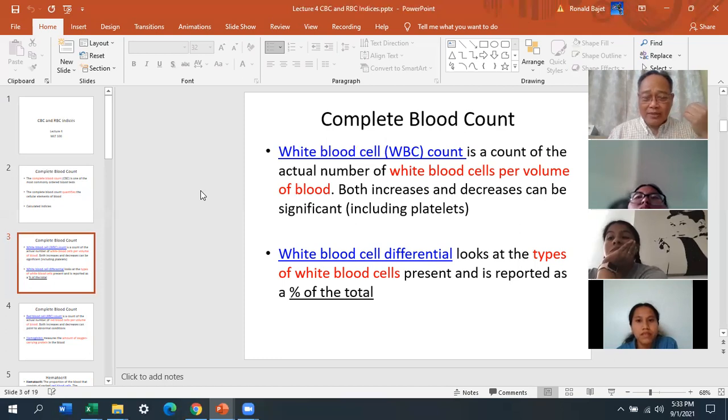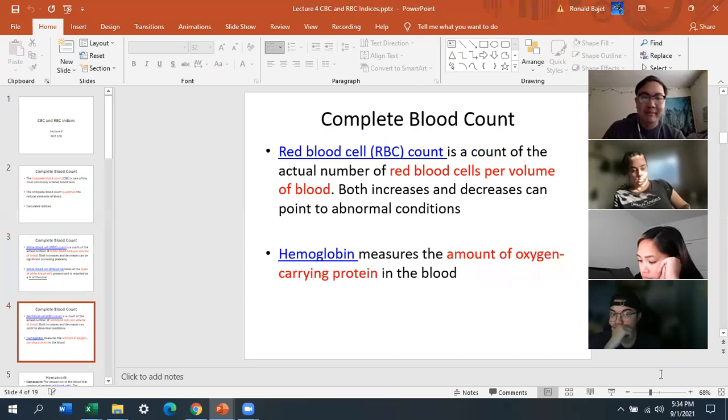Okay, so the white blood cell count. You can tell a lot of things by looking at the WBC. Obviously you're going to look at an abnormal white count, whatever normal is, 4 to 10. What's important is what a high white count means, or what a low white count means.